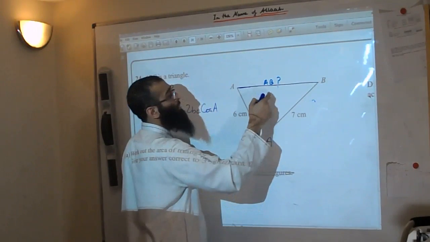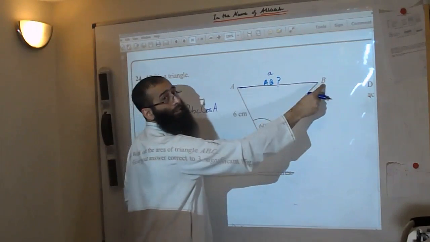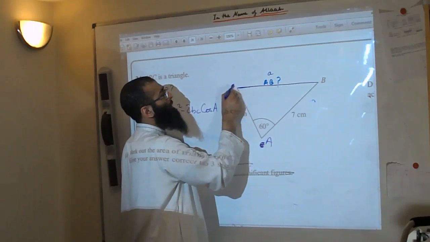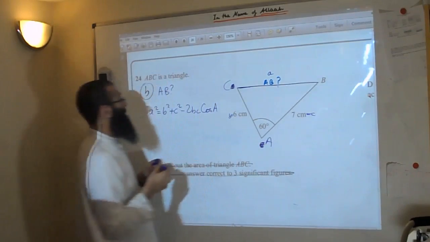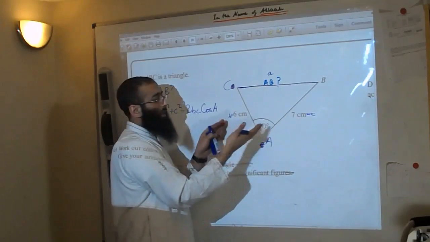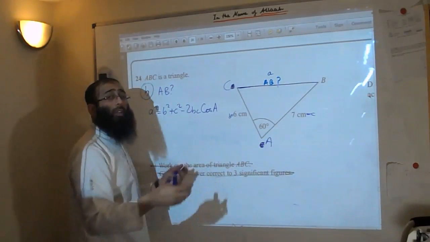Call that A, so that would be little a. Now, b can stay there. And this one, get rid of this one for the moment, little c. It's important that our sketch or our diagram matches the formulas so everything's in the right place.